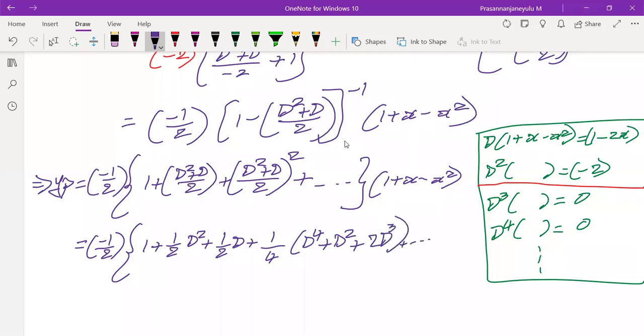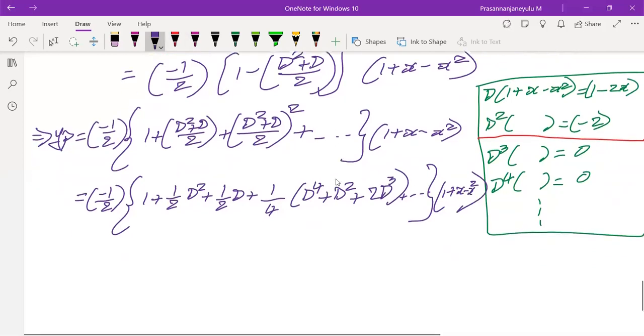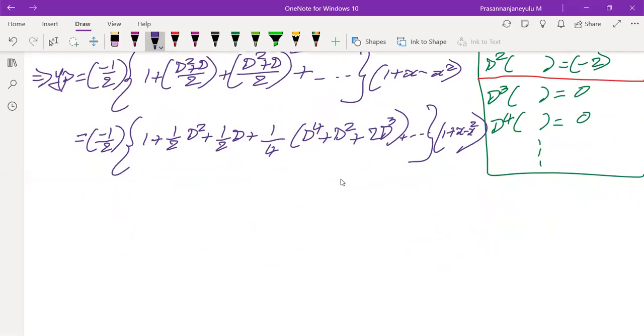Plus and so on of 1 plus x minus x square. Now each and every term we have to multiply with 1 plus x minus x square. It is not multiplication, but we have to apply the differentiation with each and every term.